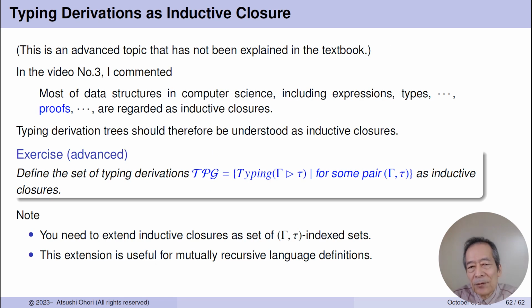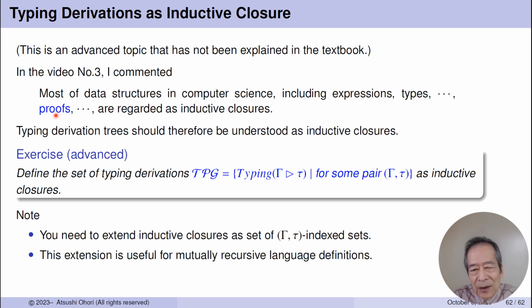I now conclude this lecture with an advanced topic, that is typing derivations as inductive closure. As I said, this is an advanced topic that has not been explained in the textbook. In video number 3, I commented the following. Most data structures in computer science, including expressions, types, and so on, and including proofs, are regarded as inductive closures.